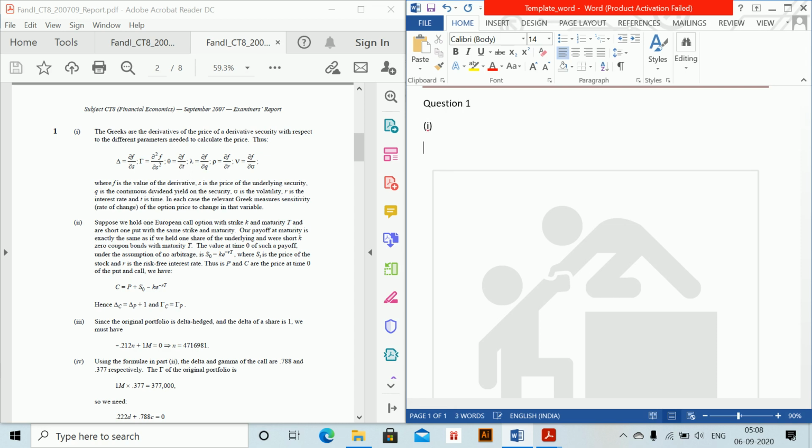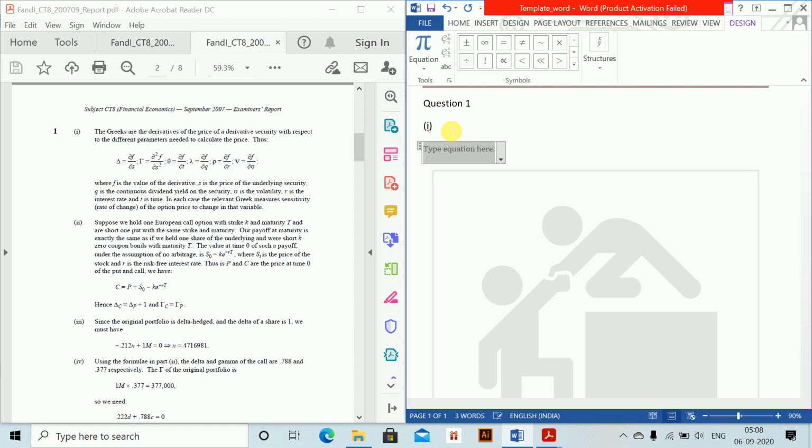Part 1. First we need to define delta. Delta is equal to the partial of del F by del S. Now, I don't need to write this every time.